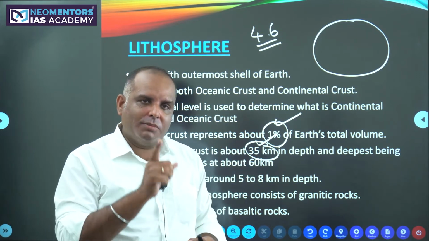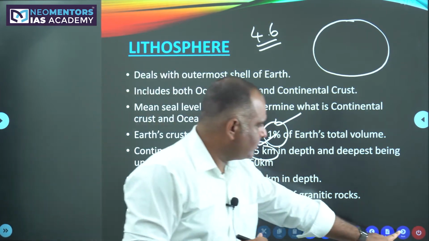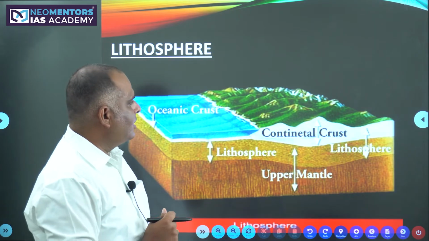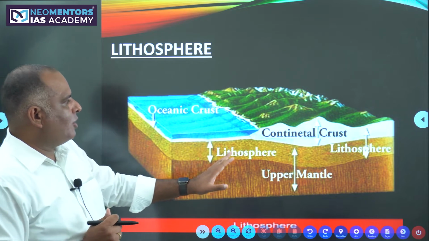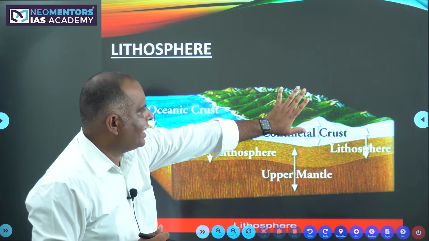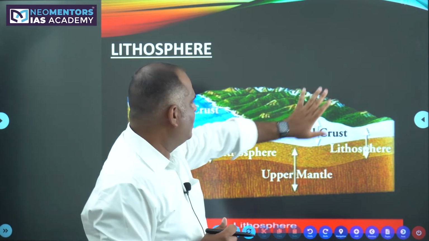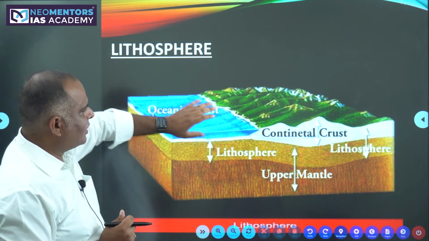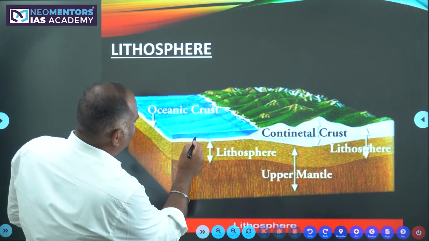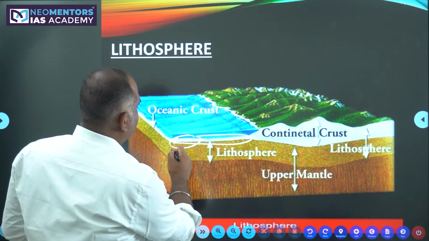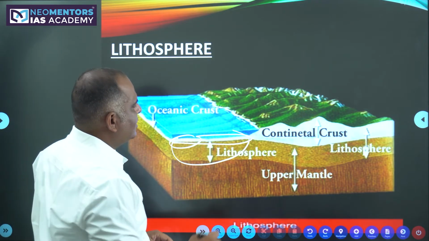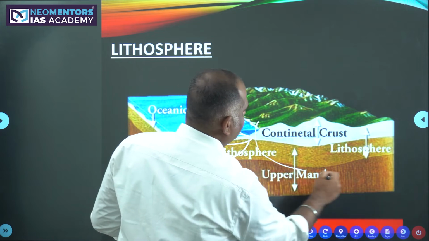Now again, when I say average depth, is it just because the oceanic crust is less deep compared to the continental crust? No. There is one more reason also. You see this diagram. I gave this example of the continental crust where we have mountains and the land mass, and the oceanic crust where we have the oceans. This is the oceanic crust, and this is the continental crust.